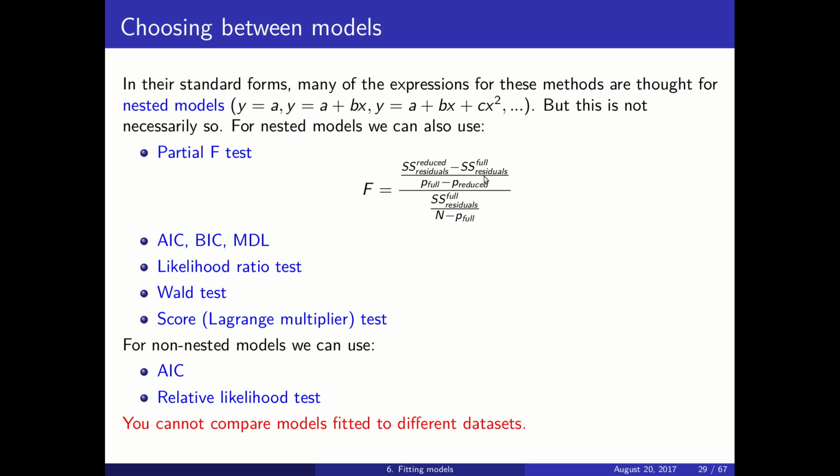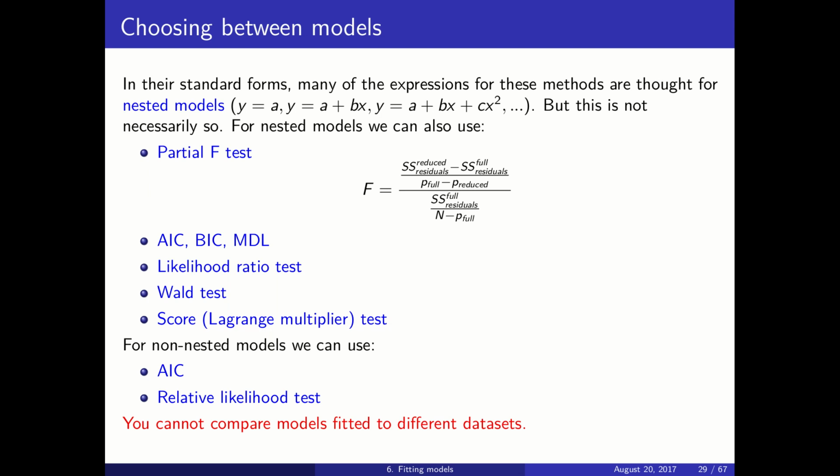So we have the sum of squares of the residuals by the full model and by the reduced model. We have the number of parameters in the full model, the reduced model, and we have the number of observations. And with all these numbers, we compute a single statistic that is called F, and this F is distributed as a Snedecor F with some particular number of degrees of freedom.